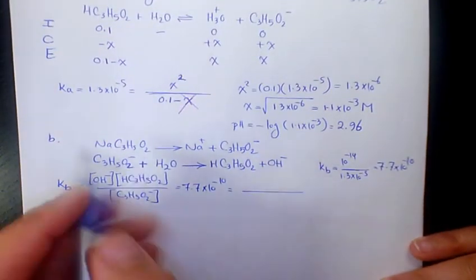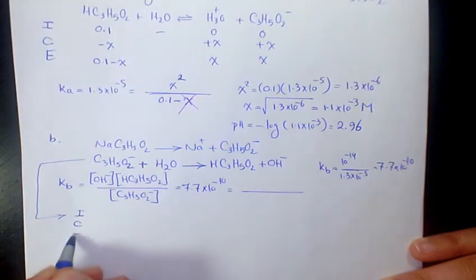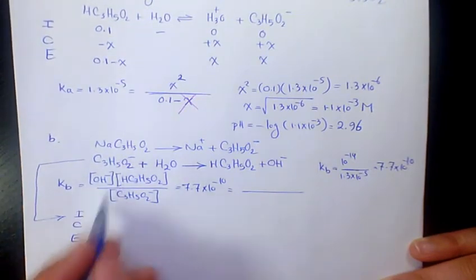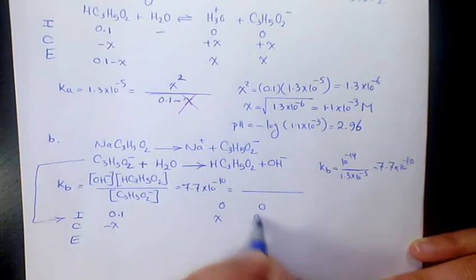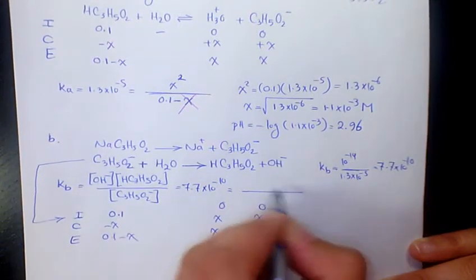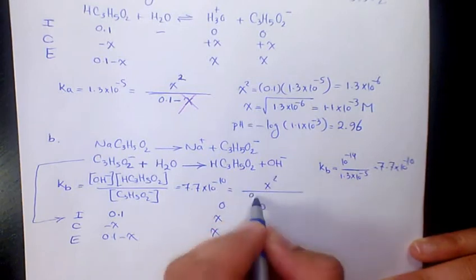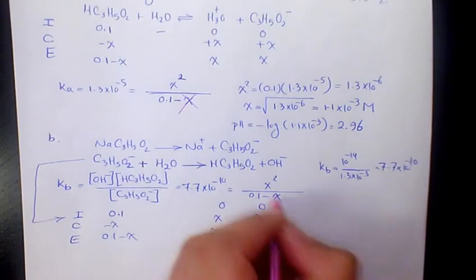OH and this guy have the same concentration. Why? Because if I write the ICE table, this one is going to be 0.1, the initial concentration. This one is 0, 0, negative x, x and x. So 0.1 minus x, x and x. You sub it there, it's going to be x squared divided by 0.1 minus x. And we neglect this part.